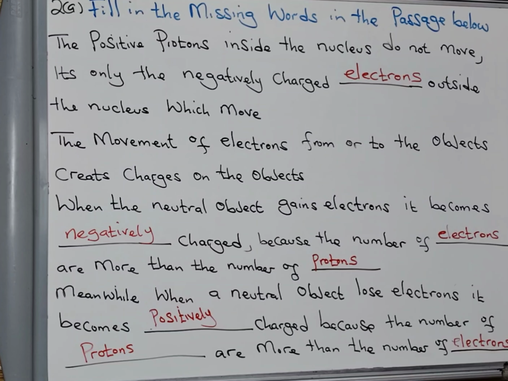And the reverse is true for negatively charged objects. When the object is negatively charged, what does it mean? That it has more electrons than protons. And another aspect is that it was created by addition of electrons to the object.